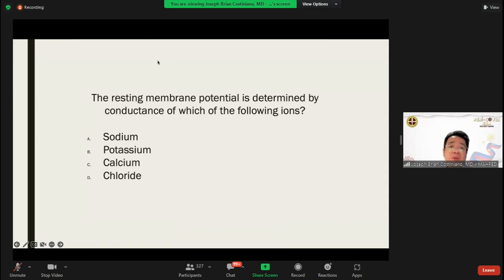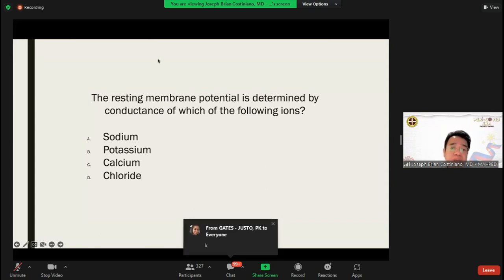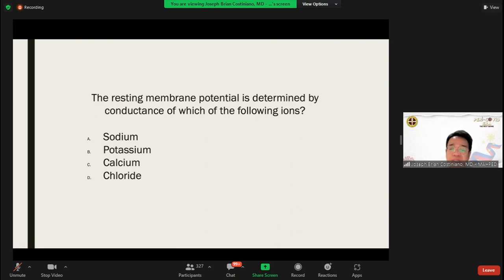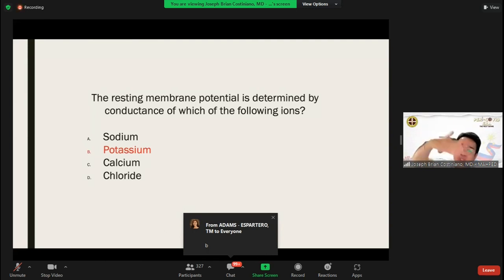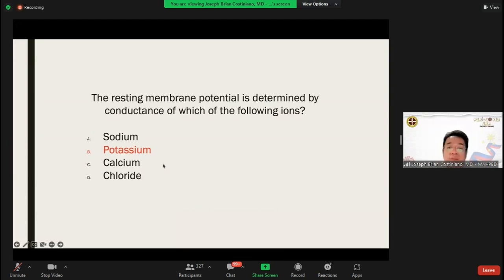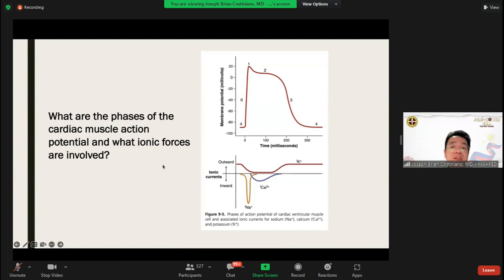So, which of the remaining three, either potassium, calcium, or chloride, the conductance of which will push your membrane potential down to negative 75 millivolts? And the answer is letter B, potassium. Okay? It's potassium that will push your membrane potential down to the RMP, which is negative 75 millivolts. Sige.